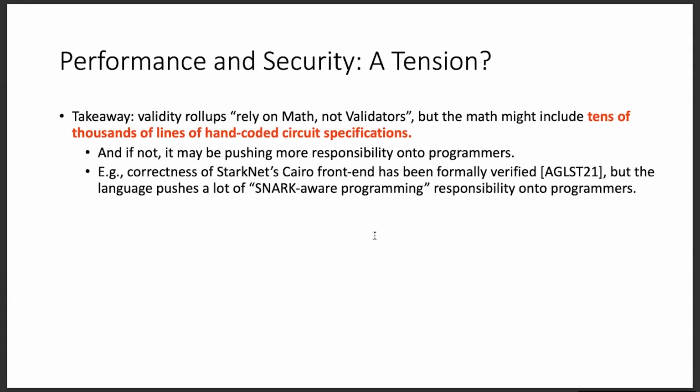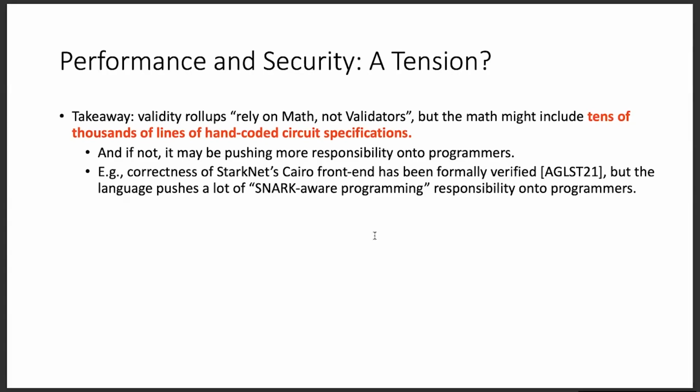Their transformation from Cairo programs to circuits was formally verified with some proof assistant. But at least right now, I don't believe there's machinery for the programmer to confirm that the Cairo program they wrote matches what they intended it to mean. So it might be a pick-your-poison situation, just to be aware of.